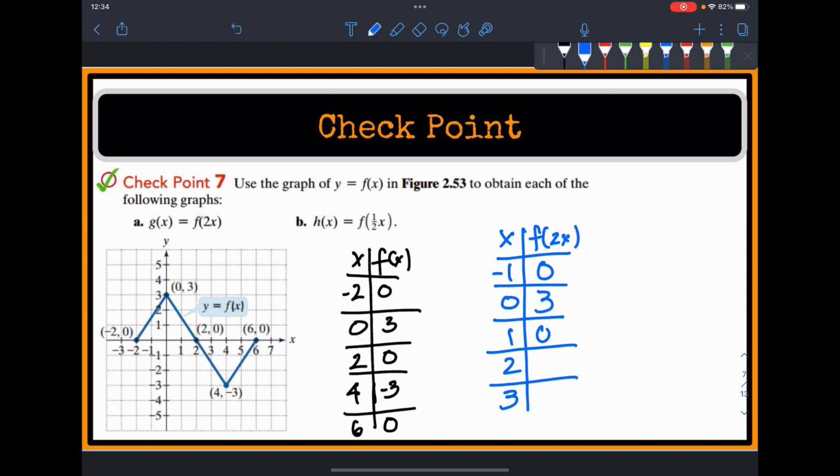The same thing is true with all the other ones. I'm going to get the exact same output values. So our graph looks like it's been horizontally compressed: -1, 0; 0, 3; 1, 0; 2, -3; and 3, 0.